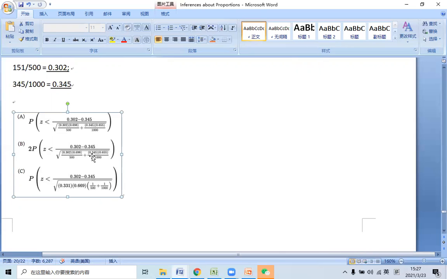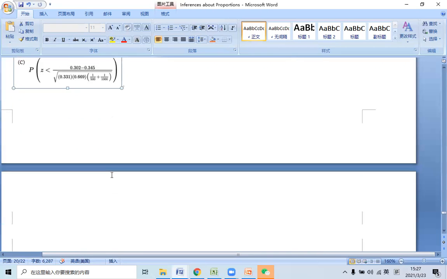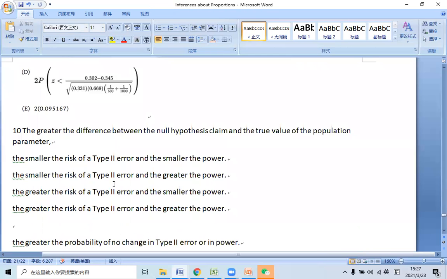That's good. And then you add the estimate from Latin America. The proportion is 0.345, and 1 minus P is 0.655. That looks good. So B seems to be the good answer, the only good answer.